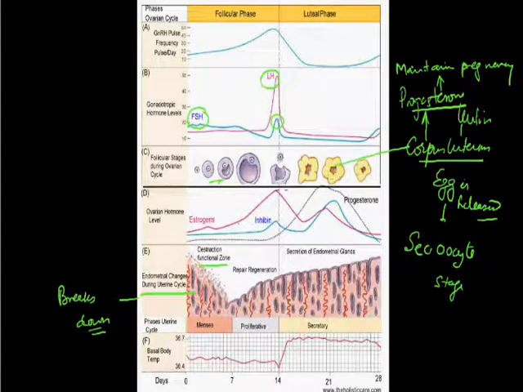As a result of this, the endometrium lining breaks and menstrual bleeding takes place, egg is wasted, it's not utilized or it's not fertilized. So the entire process is known as menstrual cycle. We can see this graph is mentioned from 0 to 28 days.